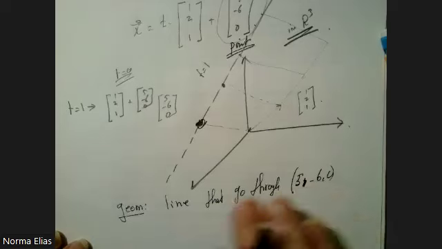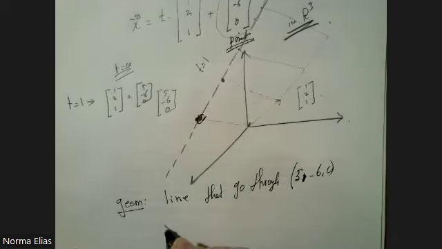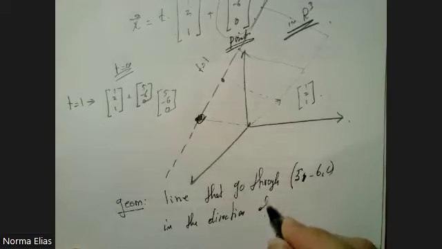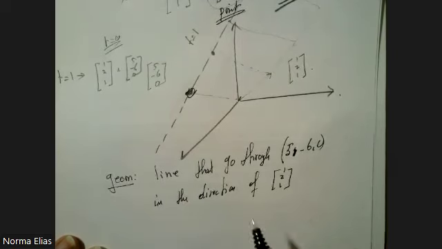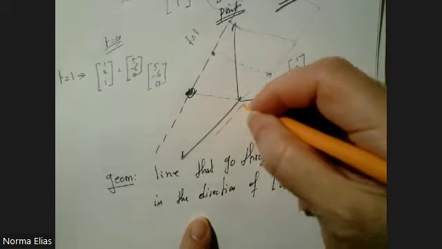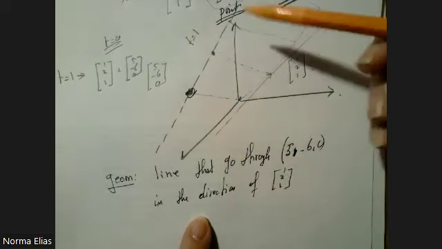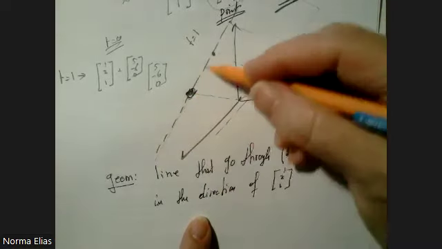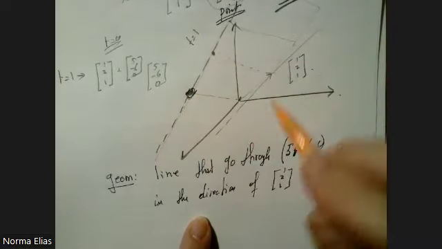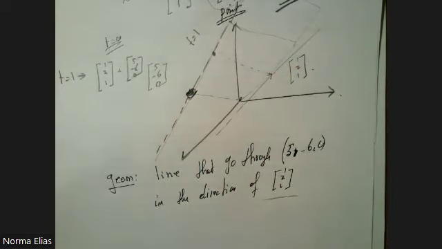It doesn't go through the origin. And the line is in the direction of the vector (1, 2, 1). What does it mean in the direction of the vector (1, 2, 1)? It means it's parallel to the vector (1, 2, 1). So the solution will be the line that goes through this point and moves parallel to the vector (1, 2, 1). So that would be the solution.